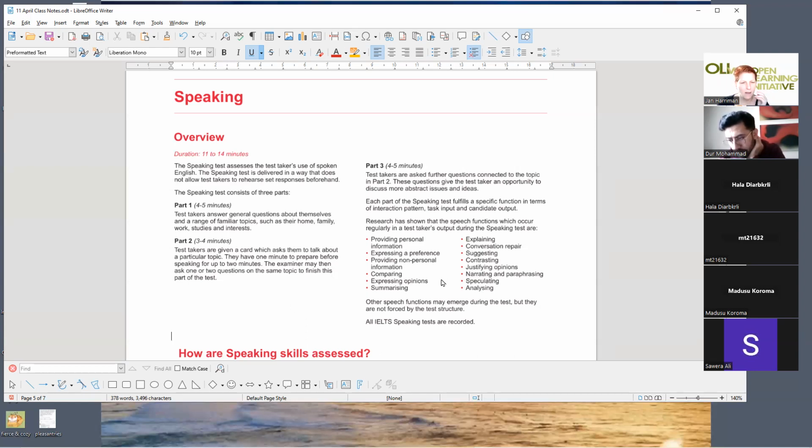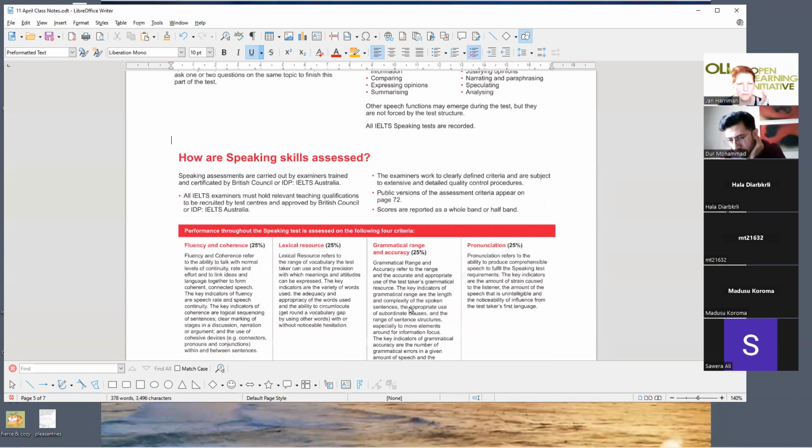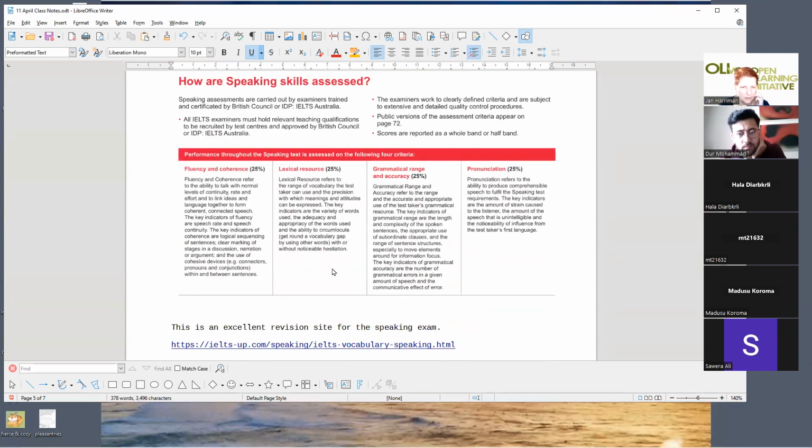So the first one I'm going to show you is a German gentleman who, oh, I'm sorry, I should show you the marking scheme for the IELTS speaking first. It is fluency and coherence. That means, can you keep talking?